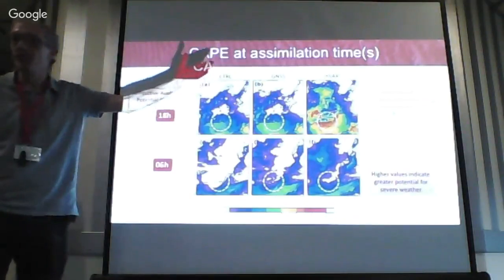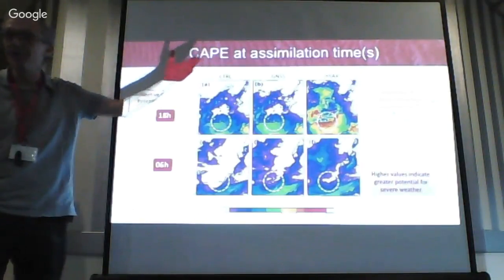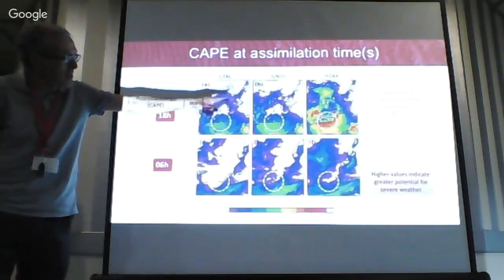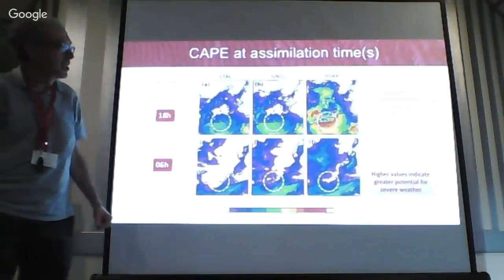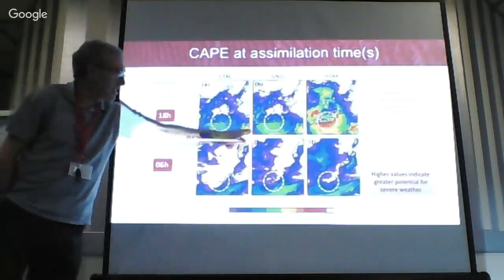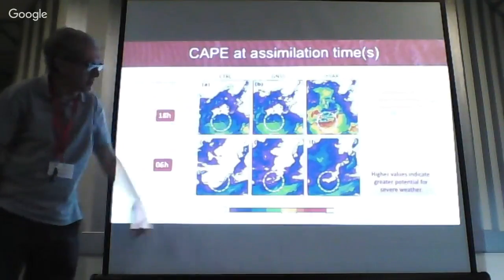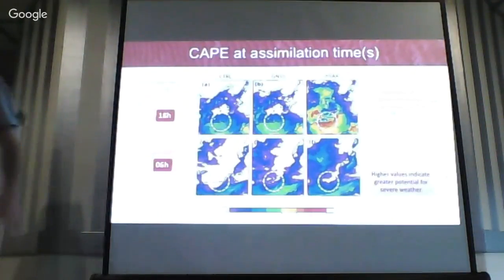So you could get tornadoes with this kind of CAPE if the shear was right. But this kind of CAPE happens mostly in the INSAR case. In the GNSS case, you just have an increase in CAPE, but not so big values. But they are above 1,000, so they are quite big anyway.